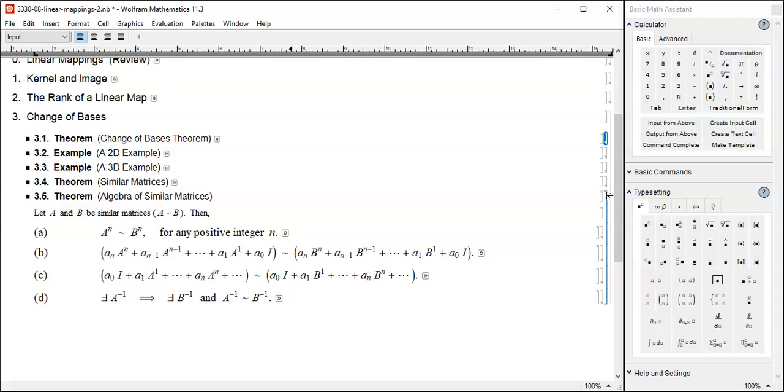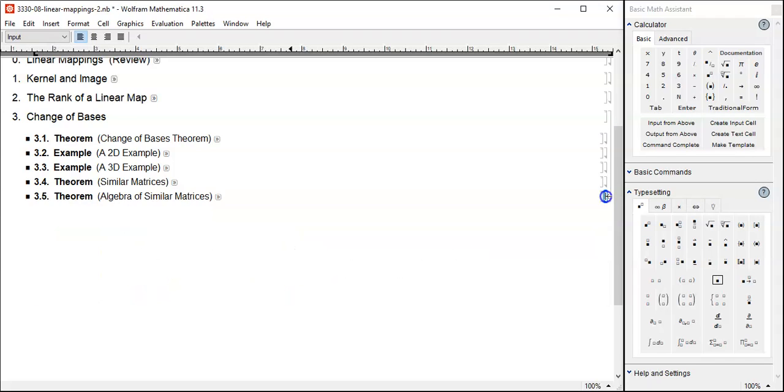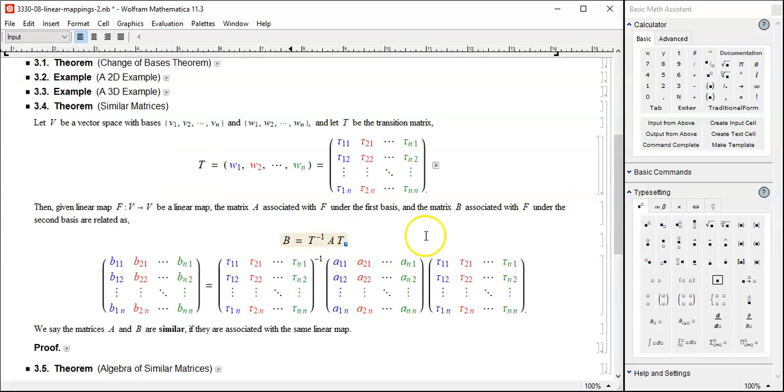The question here is, how are those two matrices related to each other? The conclusion turns out to be that B is equal to T inverse A T, where this matrix T is called the transition matrix.